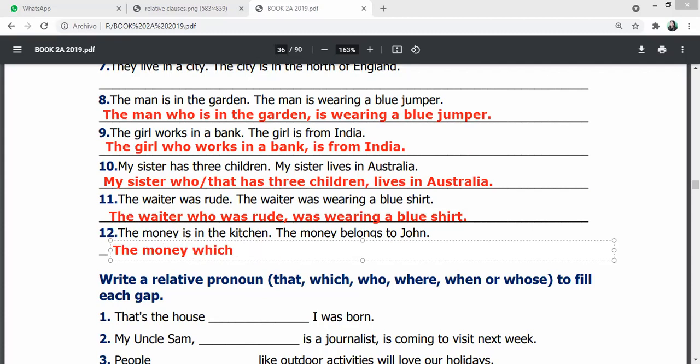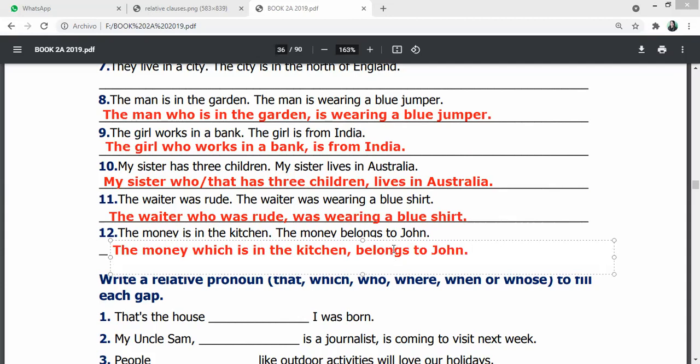The money which is in the kitchen belongs to John. Okay.